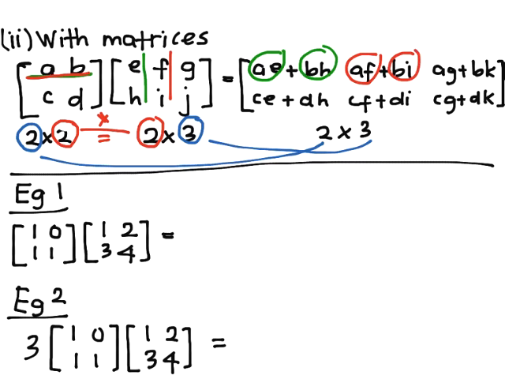And then the last one, we go with the first row and the last column, which is G and J. So we always go with A multiplied with G plus B multiplied with J.